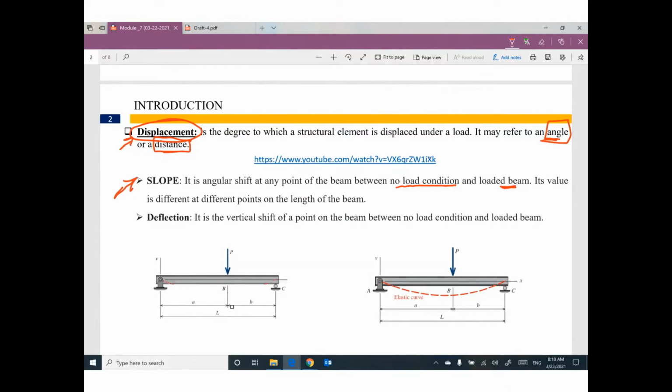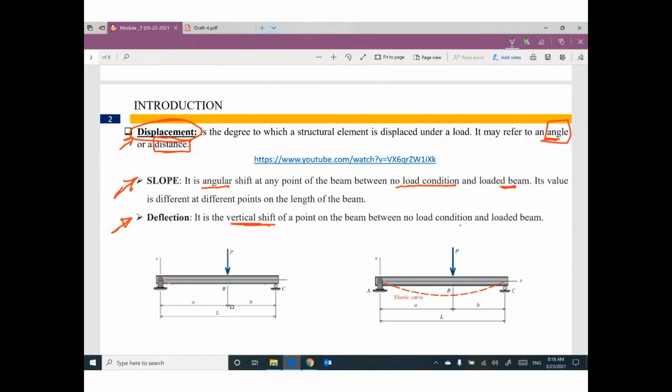Its value is different at different points on the length of the beam. Deflection: this one is angular shift. Angular means rotation. Theta, slope. Deflection means the vertical shift, the displacement of any point on the beam between the no load condition and the loaded beam.